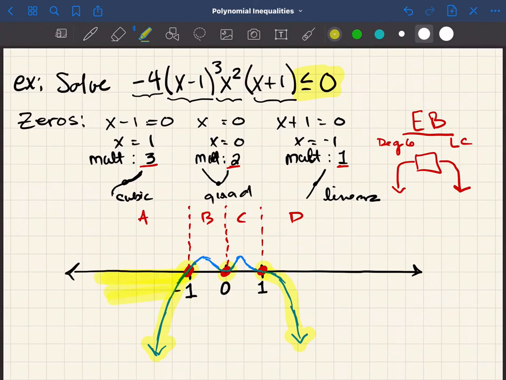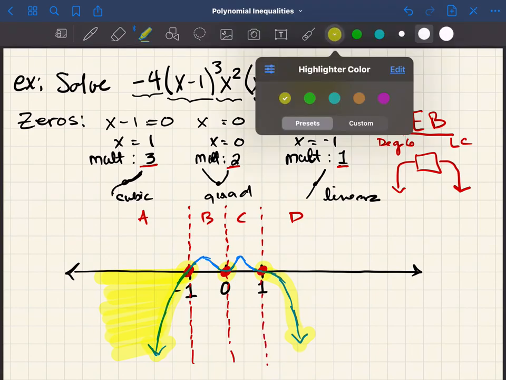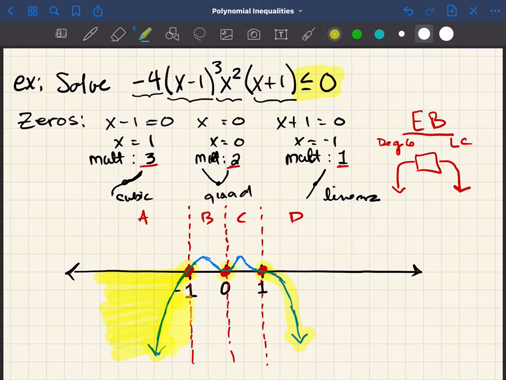So basically all of section A. And why don't we go back in and let's continue our little divisions here so we can see. So all of section A will satisfy, all of section D will satisfy, and then we don't want to forget our 0 at 0. So in between sections B and C, we have to pick up that one particular value.